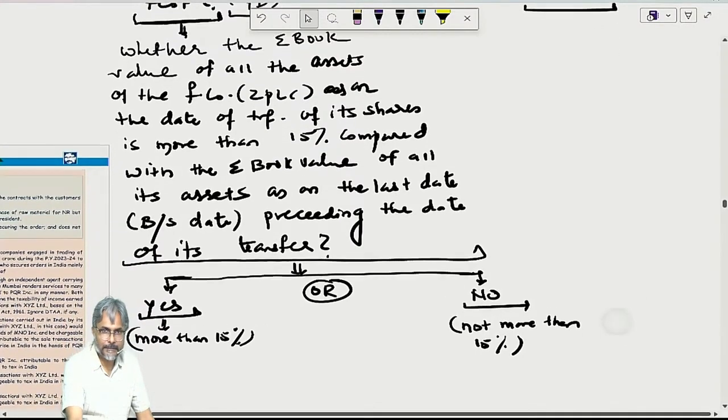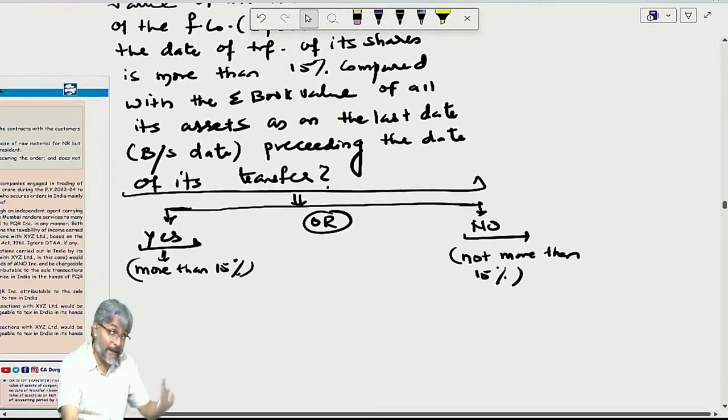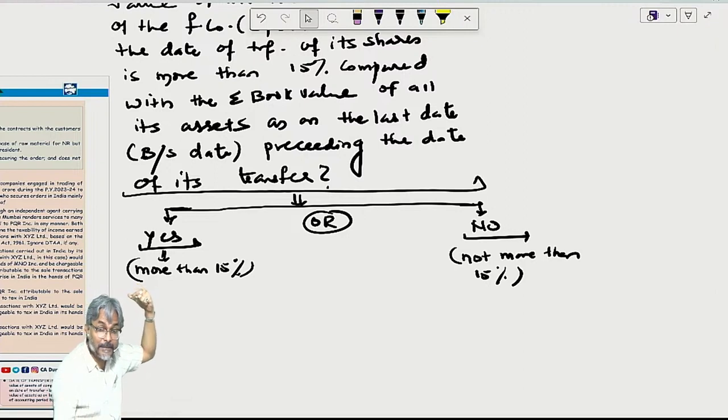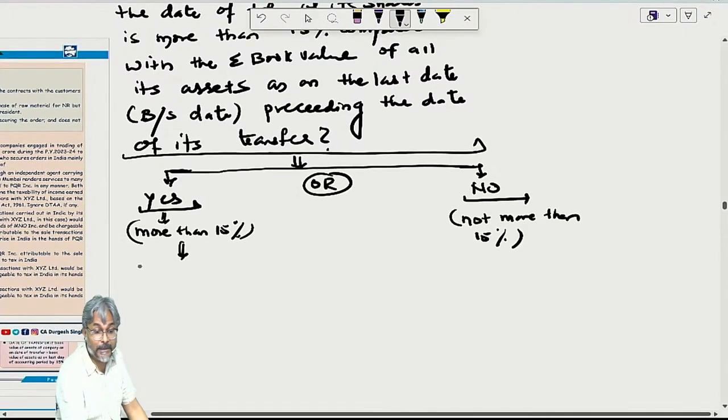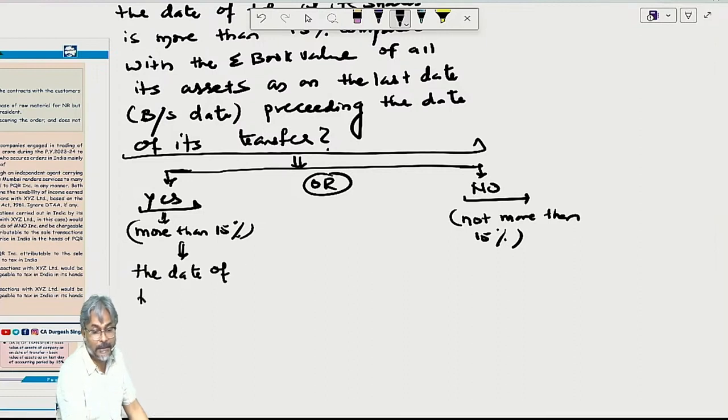Fine, students. So if the answer is yes, the value has increased by more than 15% as compared to the last balance sheet date. Then, if it has increased, go with the latest date. So the relevant date in this case would be the date of transfer of its share.